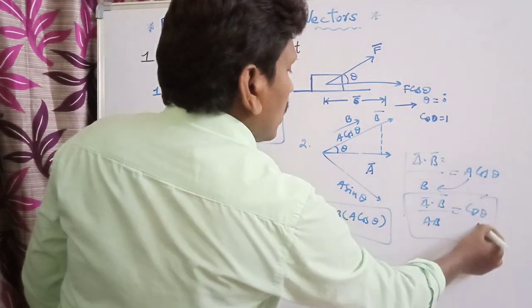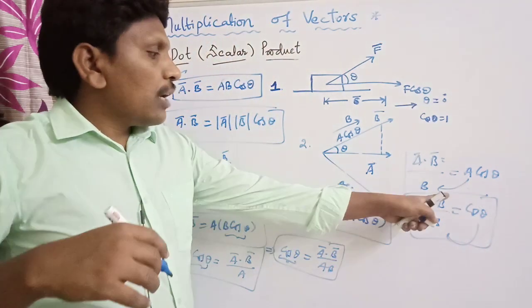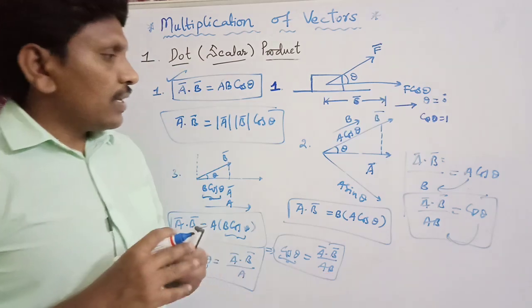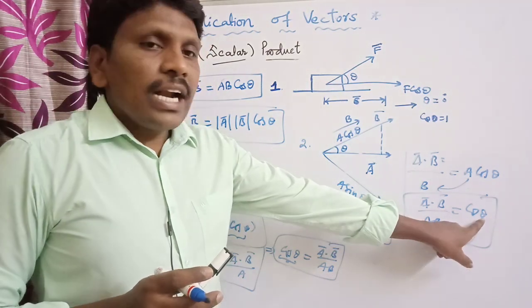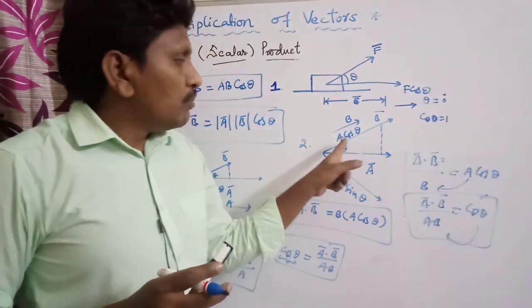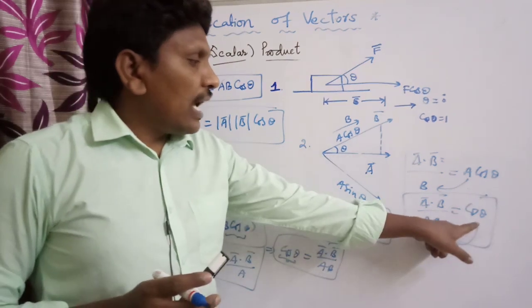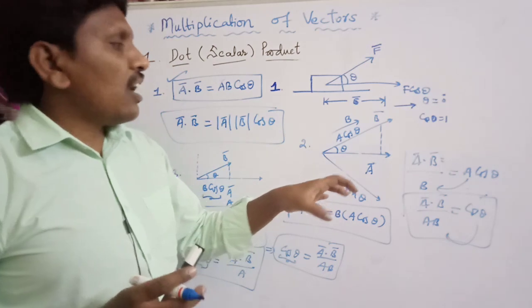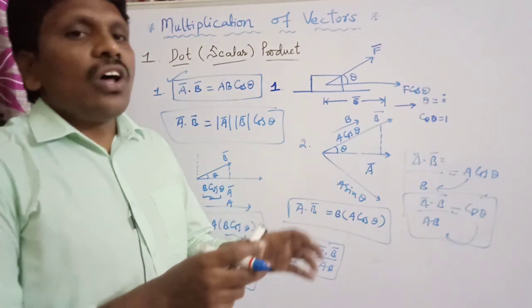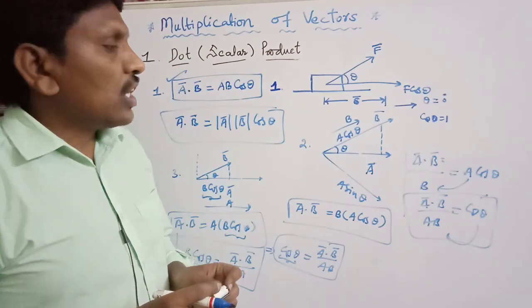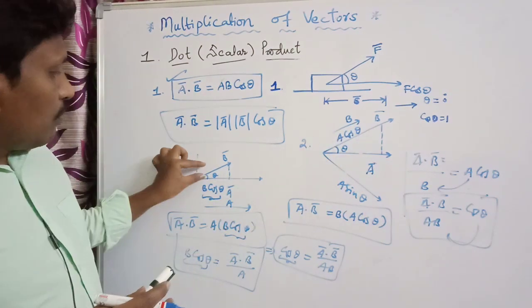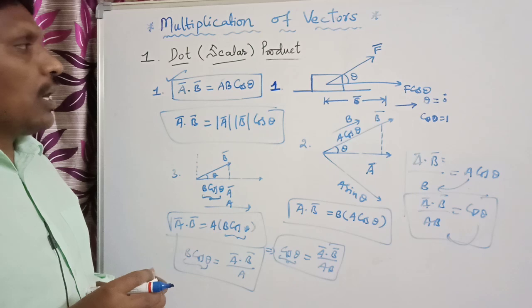So cos theta is equal to A bar dot B bar by AB. This is the angle between the two vectors and it always gives the direction of the vector which is already resolved into two components. Here the A vector is resolved into two components, and here the B vector is resolved into two components.